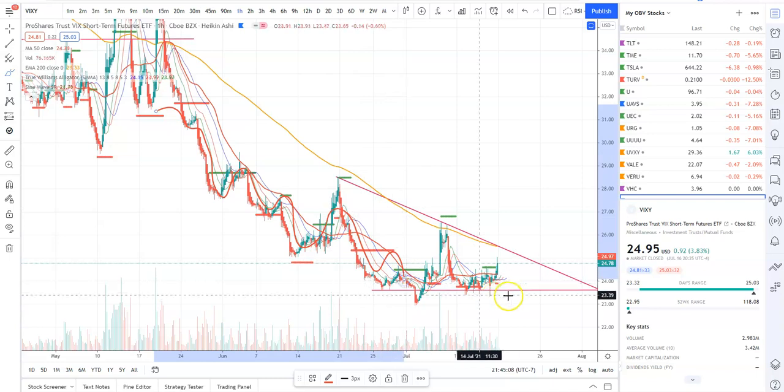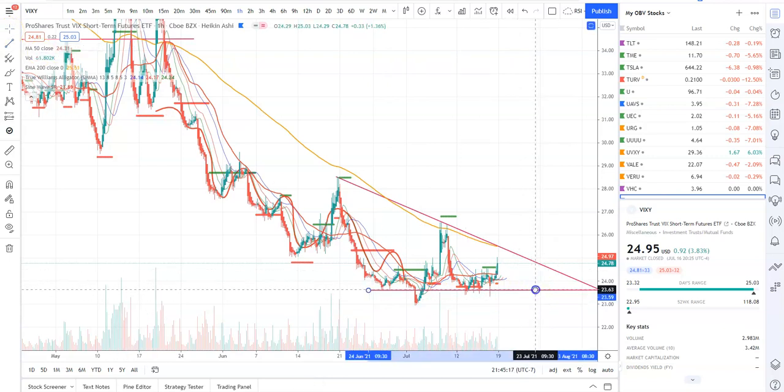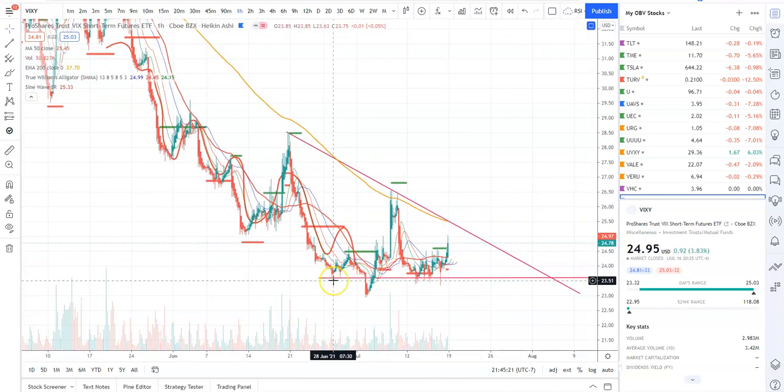And here we had that little tick lower low, but then here you can very clearly see that we appear to be forming some sort of a base, which hasn't happened since May. And this is the potential first warning sign to me of a liftoff, a potential liftoff in the volatility index.